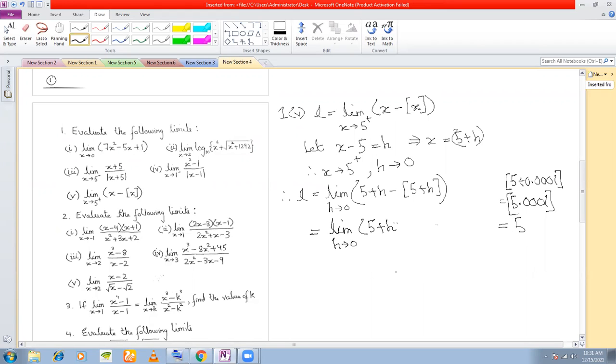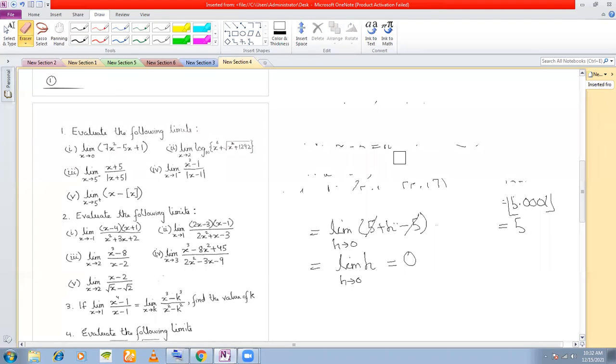We take 5. So in this case 5 plus h, where h is very small, will be equal to 5 only. So what happens? This plus 5, this minus 5 cancels. So you simply get limit h tends to 0 of h, and now you can put h is equal to 0 to get 0 as the value of this limit. Okay, that is what this is.